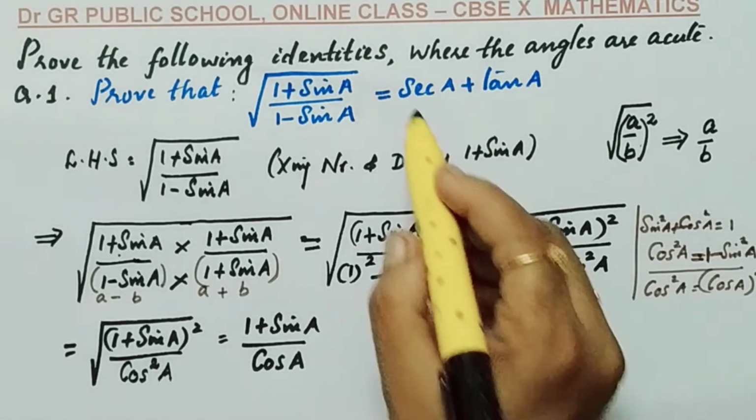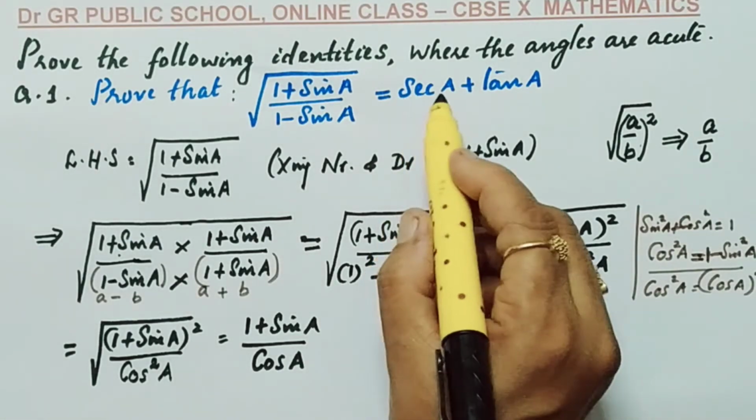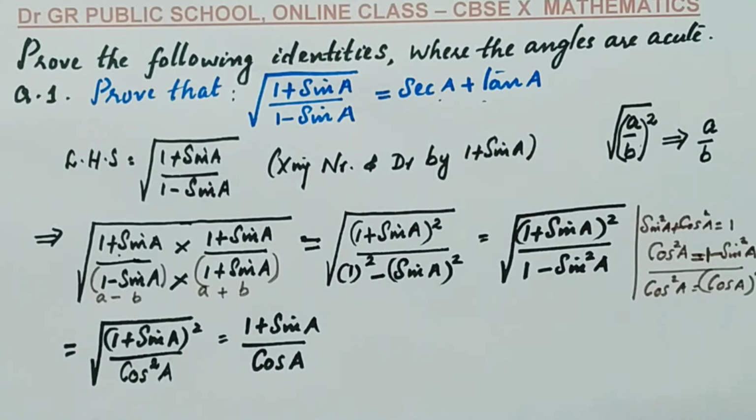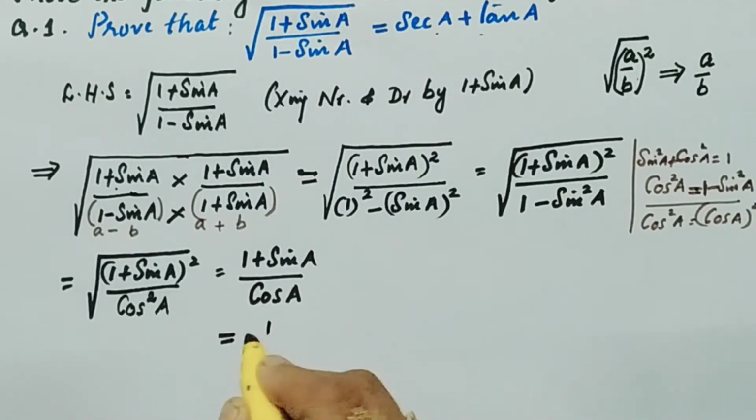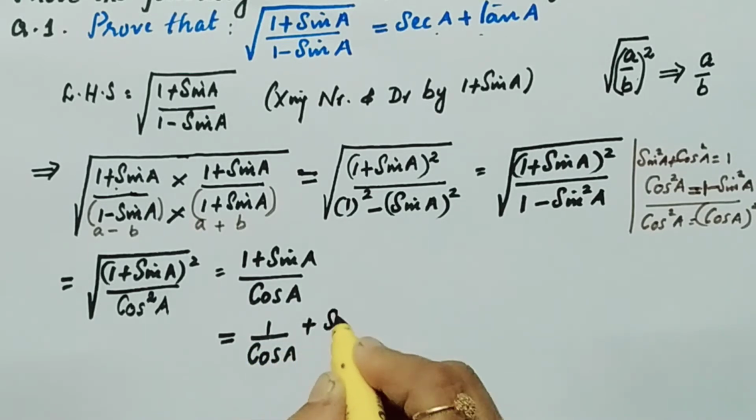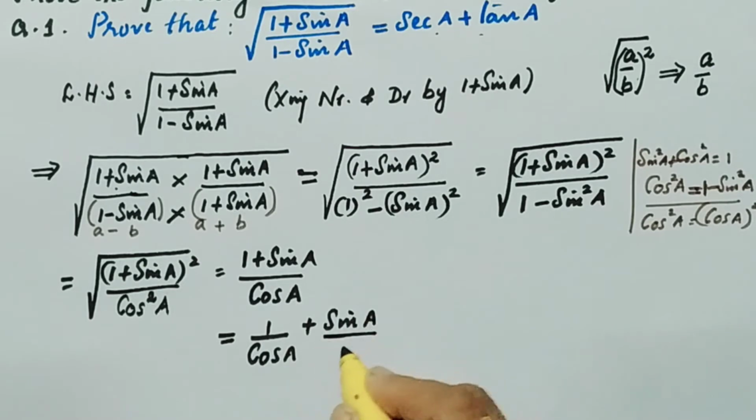But look at the RHS. Your RHS needs to be sec A plus tan A. The next step is I am going to divide separately, 1 by cos A plus sin A by cos A. Why? Because in this step, if you take the LCM as cos A, the numerator becomes 1 plus sin A. That is actually the step above.